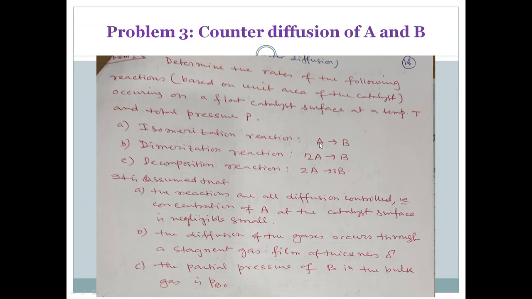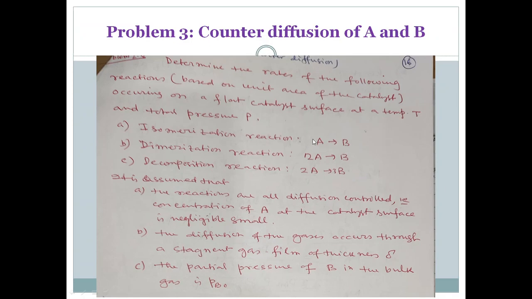So 1 mole of A is producing 1 mole of B. Dimerization reaction means 2 moles of A producing 1 mole of B, so this is non-equimolar. Decomposition, 3 moles of A producing 2 moles of B, so this is also non-equimolar.